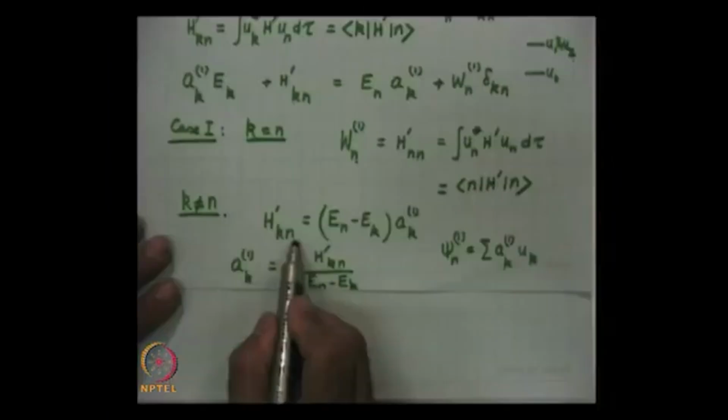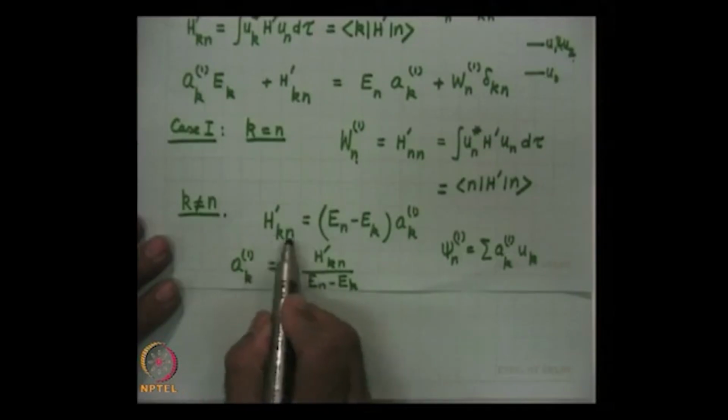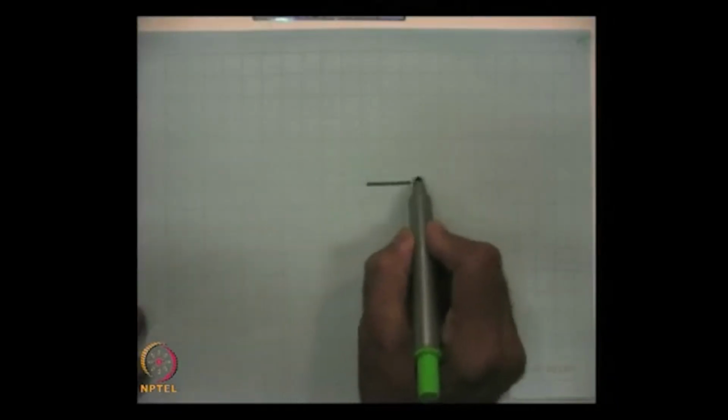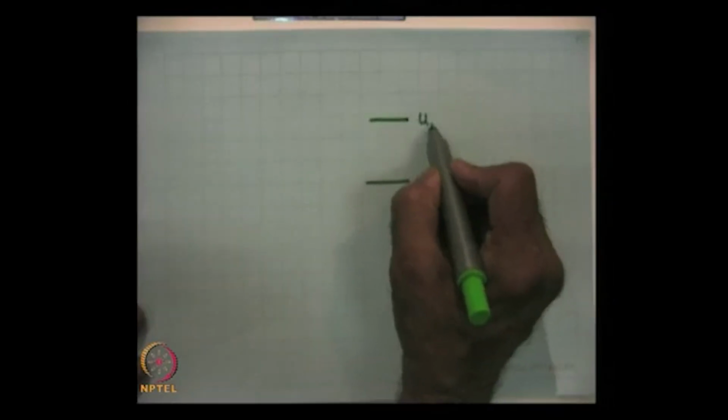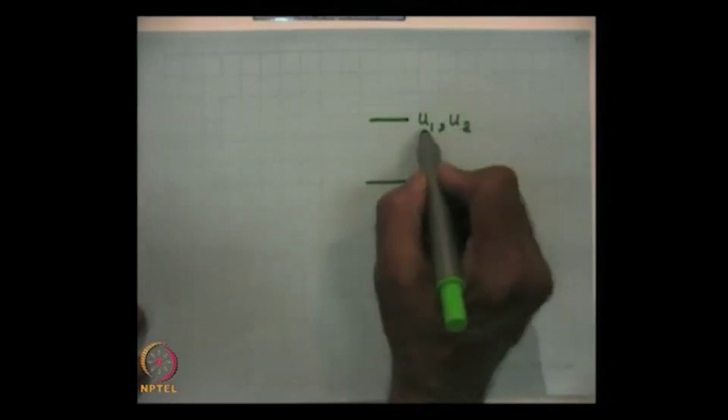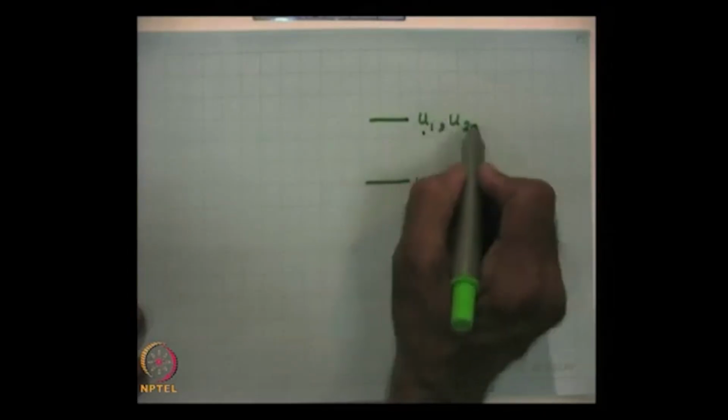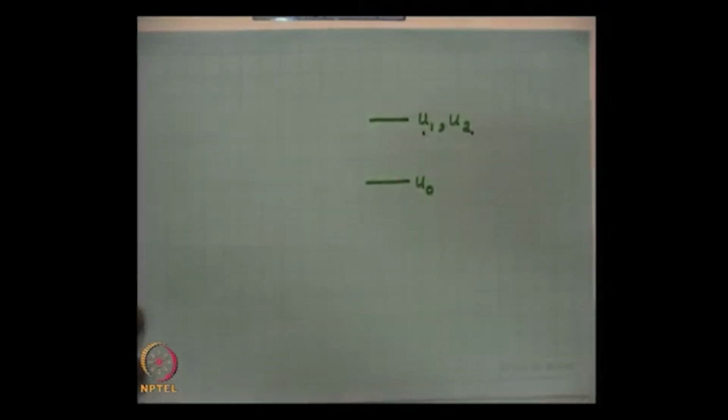Then this tells us that H prime k n must be 0, and this I will explain in greater detail in my next lecture. You see, in a degenerate state, let us suppose U0 is a ground state and the second state is two-fold degenerate, then U1 is a possible wave function, U2 is a possible wave function, any linear combination is also a possible wave function.